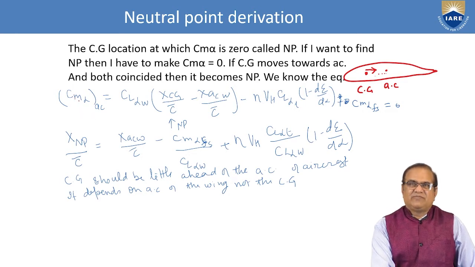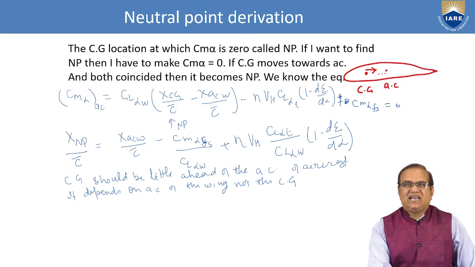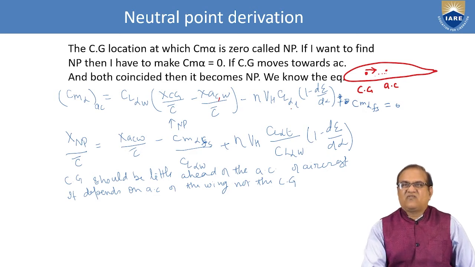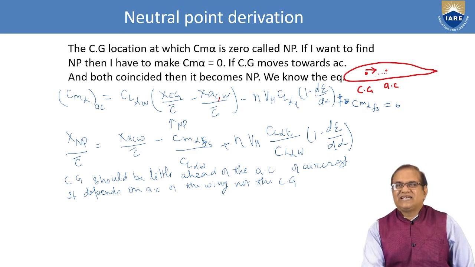So this is the Cm alpha of aircraft, equal to CL alpha of the wing, XCG by C bar minus XAC wing by C bar, minus neta VH CL alpha T, 1 minus d epsilon by d alpha, plus Cm alpha fuselage, is equal to 0.